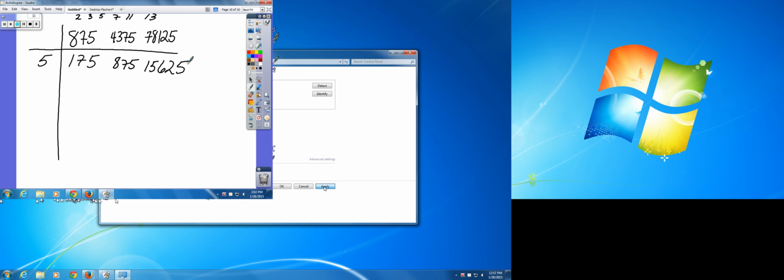Okay. Now, easily, 5 will go into 17 3 times. That'll leave 25. That's 35. Now, people, please don't do 875 again. I've had people actually go, okay, now 5 will go into 875, 5 will go into 8 1 time.